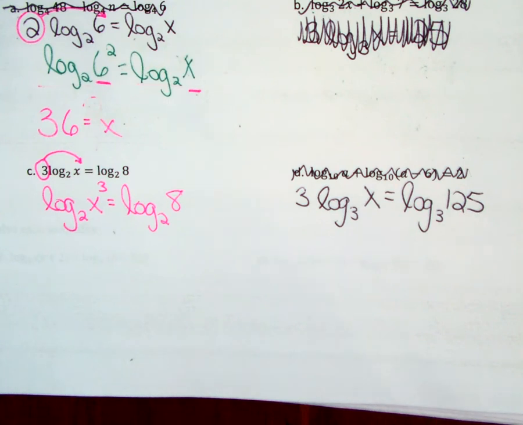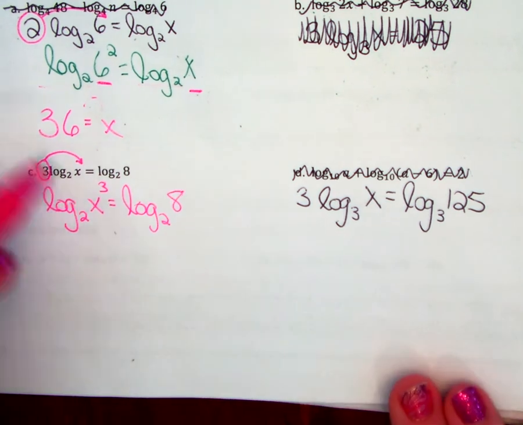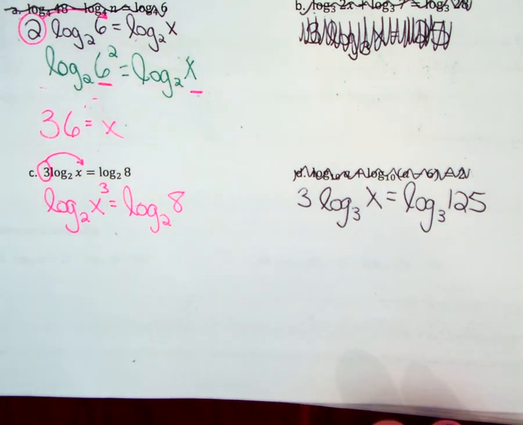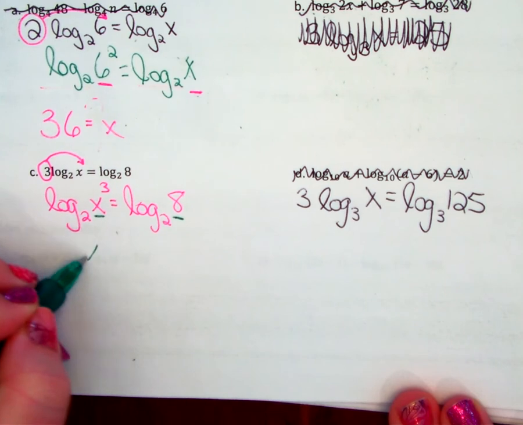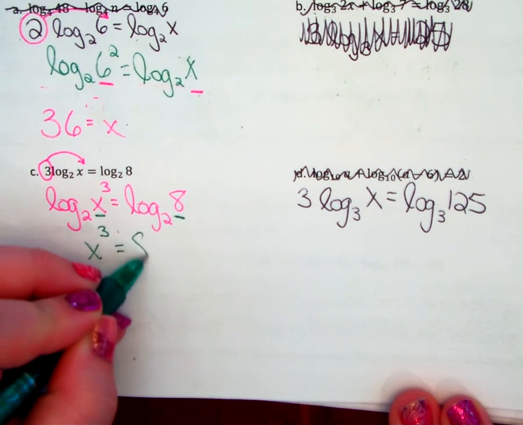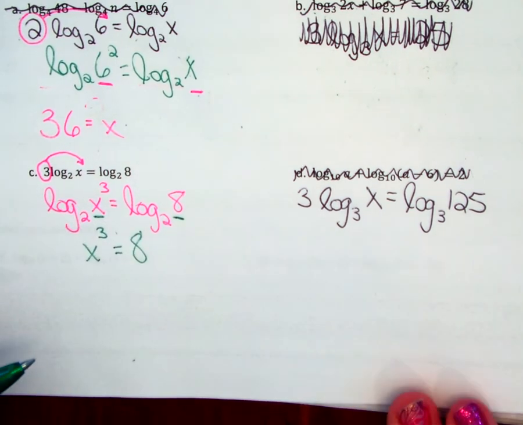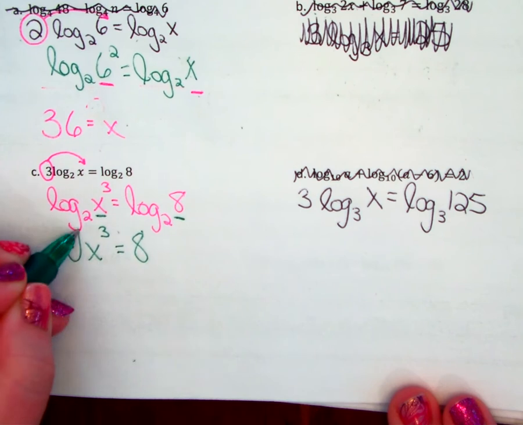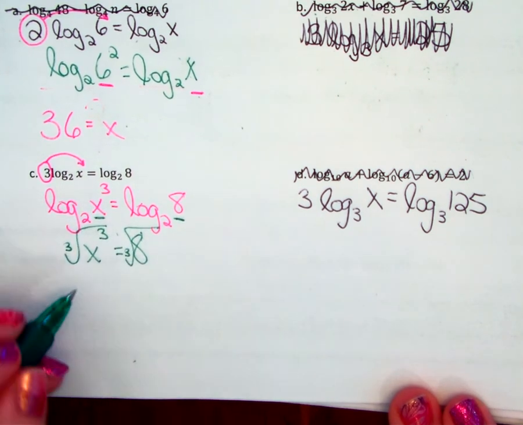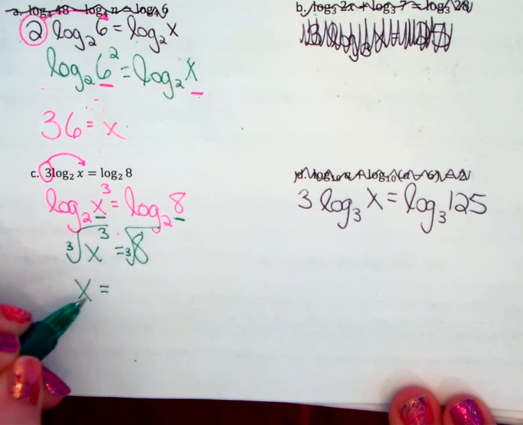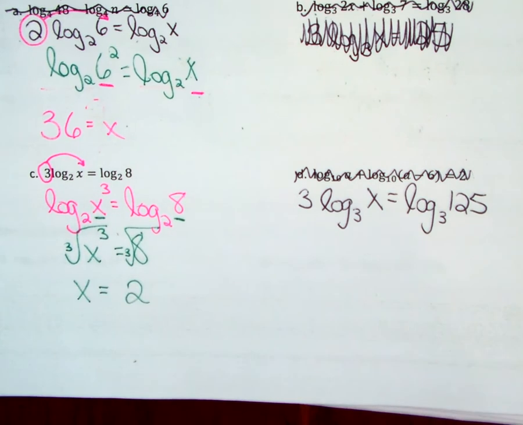The log on the left side doesn't have anything in front, and there's no other logs. Same for the log on the right. So that means I can take and put this x to the 3rd equal to the 8. To get rid of something to the 3rd power, I take the cubed root of both sides, giving me x equals 2.